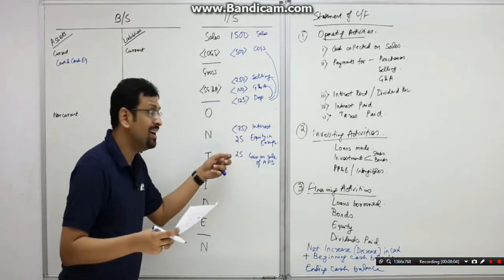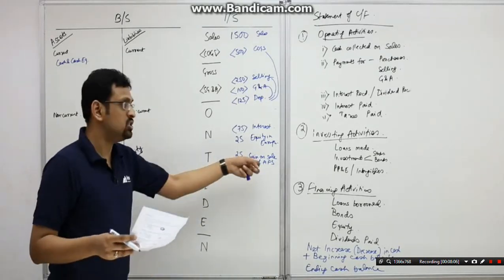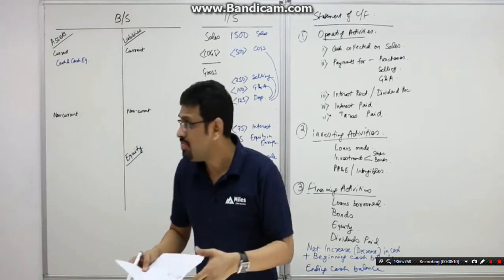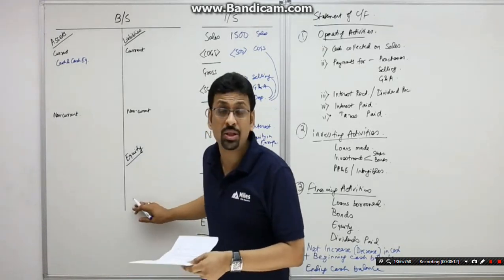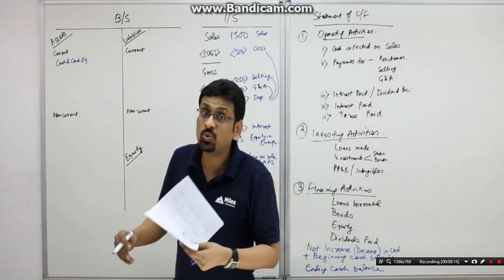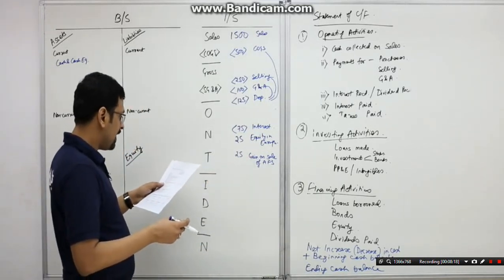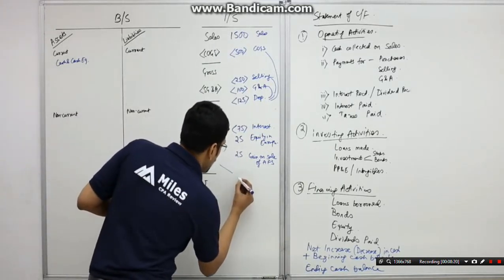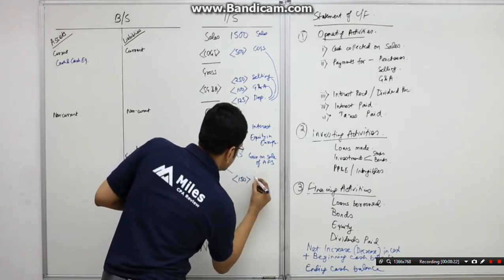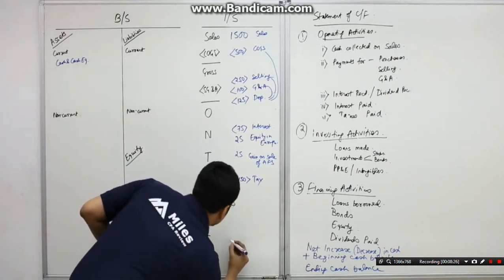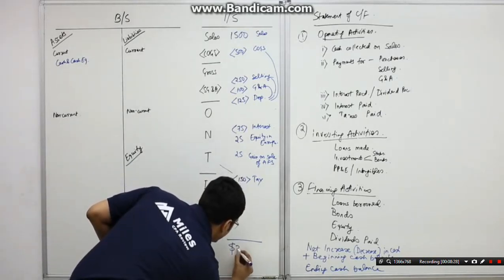Guys, this is a realized gain on sale of available for sale securities. If it was an unrealized gain, that would have gone into accumulated OCI, the A of PACE. Now this one is a realized gain, so it comes to the income statement. Then you've got taxes, 150. This gives us net income of $350.